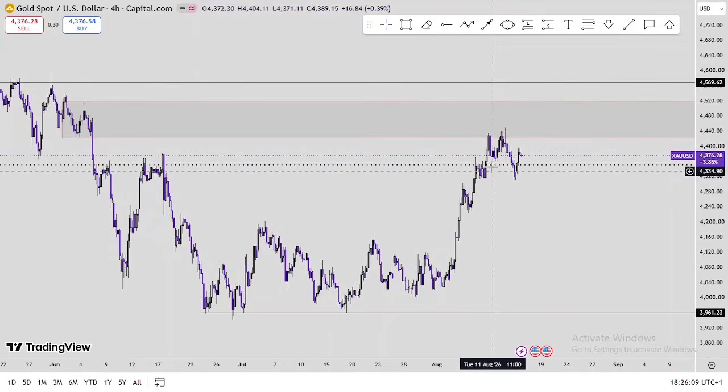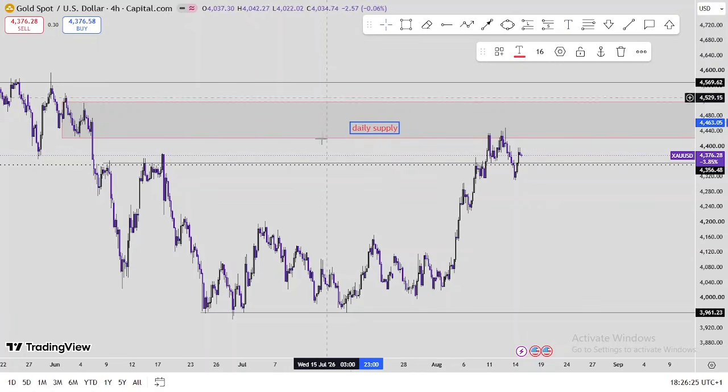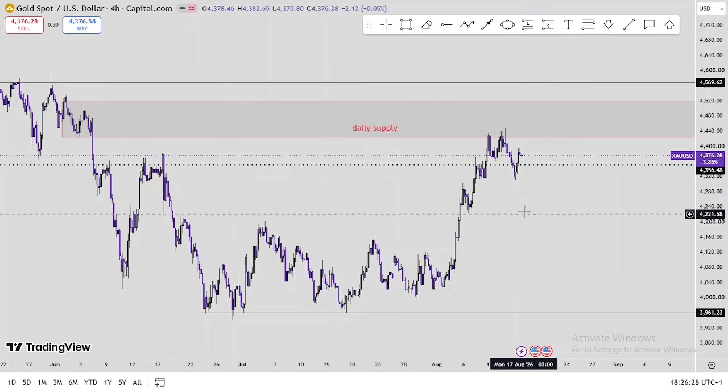So if price breaks out of the area, touches our daily, let's properly mark it out, our daily supply, pulls back, and now we're seeing potential signs of continuation back into the supply area again.